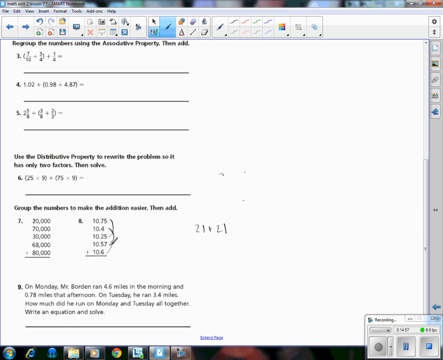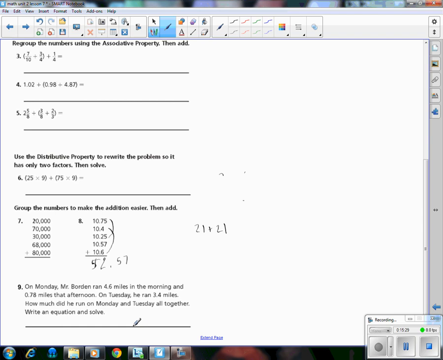And then we just have 10 and 57 hundredths more to be added to that. So 21 plus 21 gives us 42, plus 10 and 57 hundredths more would just be 52 and 57 hundredths. So by grouping those together, it makes it much easier to solve that using mental math.